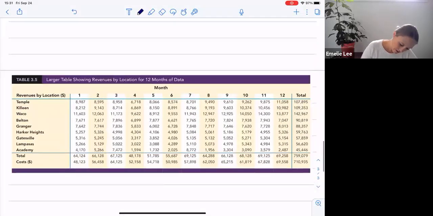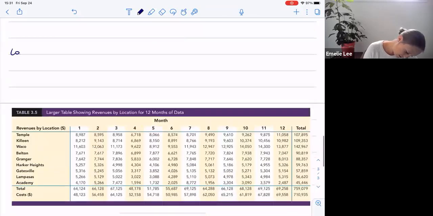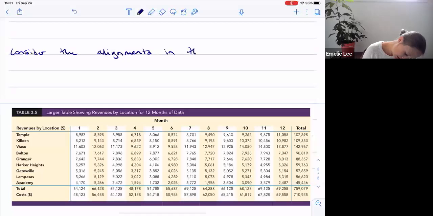Okay. Just because I had to make all that blank space, I'll fill it with some text. Consider the alignment in the table below.